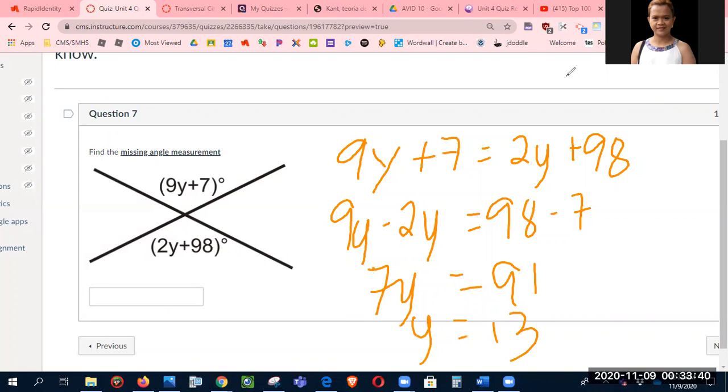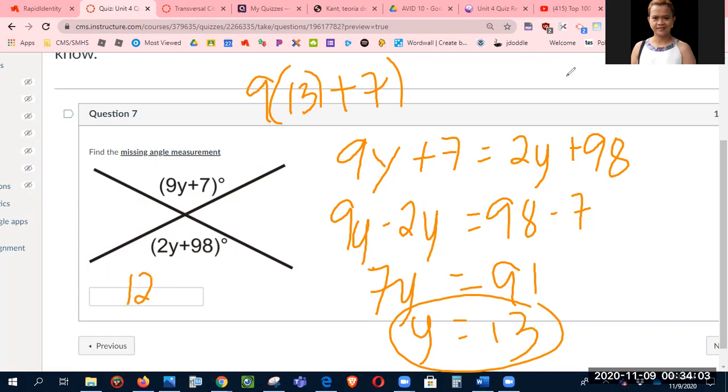So y is 13. Find the missing angle measure. If y is 13, I'm going to plug it back in. 9 times 13 plus 7 is 124. So each of the angles is 124 degrees. All right.